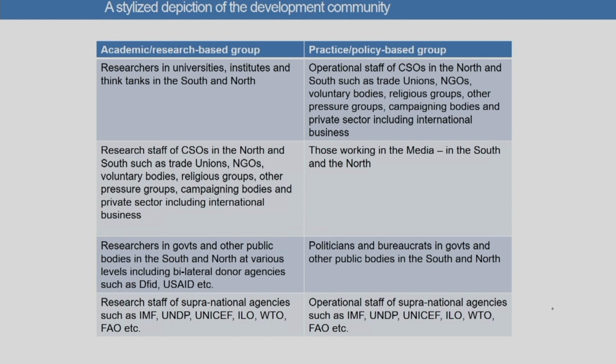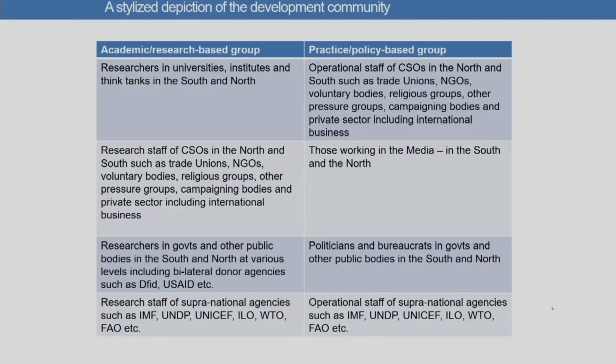Those working in the media in the south and the north that are pursuing the question of development, investigating, researching and reporting on it, also belong to practice or policy based groups. There are journalists or media based organizations that are involved in rigorous research of the development question, who may also fall within the academic research based groups.